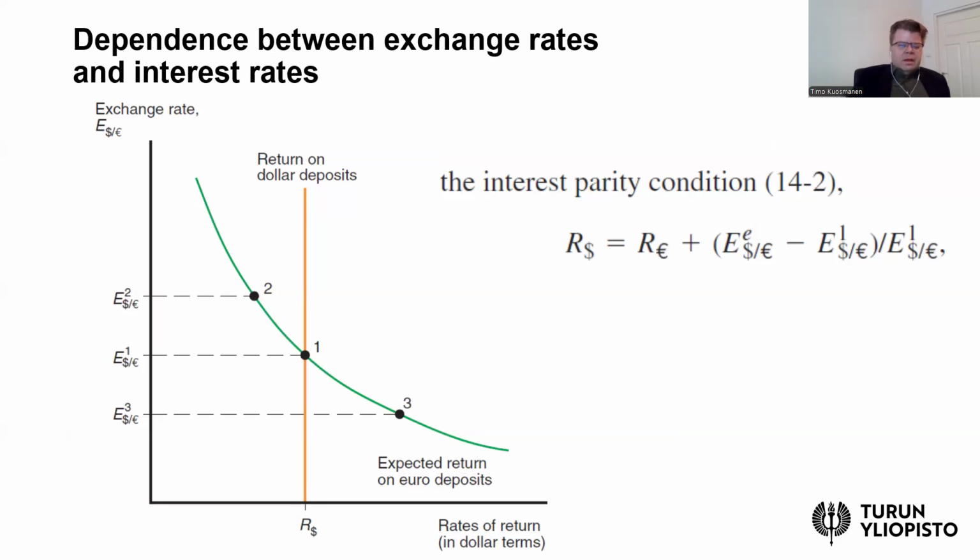The return for the American investor doesn't really depend on the exchange rate if the American investor holds American government bonds. However, the exchange rate matters if the American investor is holding European bonds. So this green line indicates how this return depends on the exchange rate.